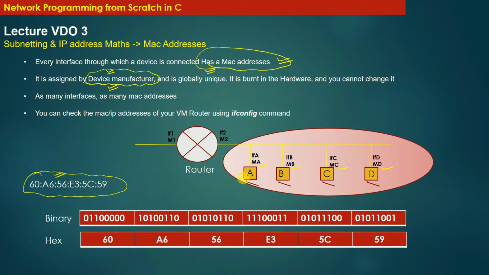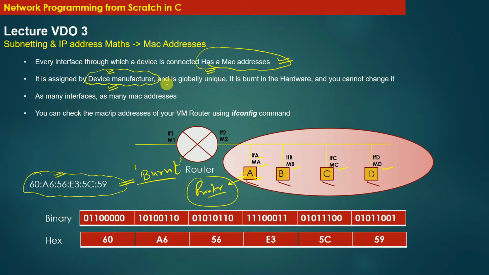Suppose device A is a printer and this printer has an interface IF A. The company manufacturing this printer can assign a MAC address, let's say this, to printer A, and this MAC address is burnt. Note the word: this MAC address is burnt inside the hardware and you cannot change it for the entire lifetime of the device.